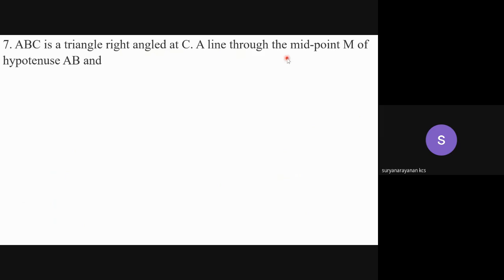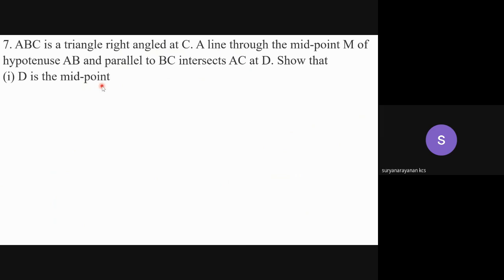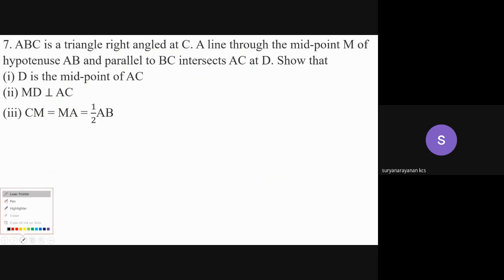A line through the midpoint M of hypotenuse AB and parallel to BC intersects AC at D. Show that D is the midpoint of AC, and second part, MD is perpendicular to AC, and the third part, CM is equal to MA, that is equal to half of AB. So we have to prove these three statements.